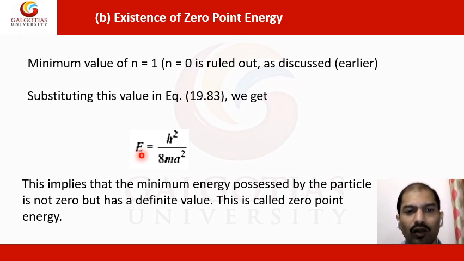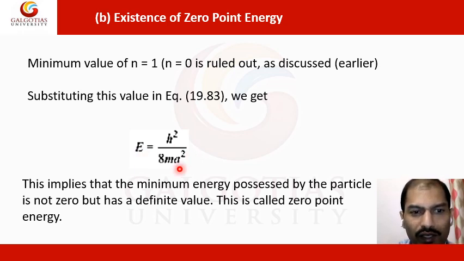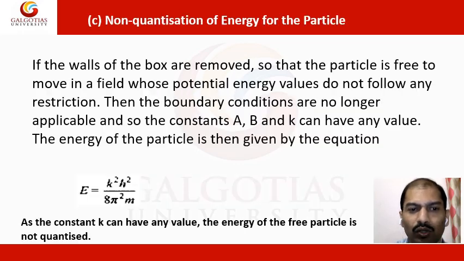So for the ground state energy or zero point energy, if you are asked to calculate it, you have to put n equal to 1. The overall solution will be h square upon 8ma square, and you will be able to calculate the zero point energy or ground state energy for a particle in a one-dimensional box.